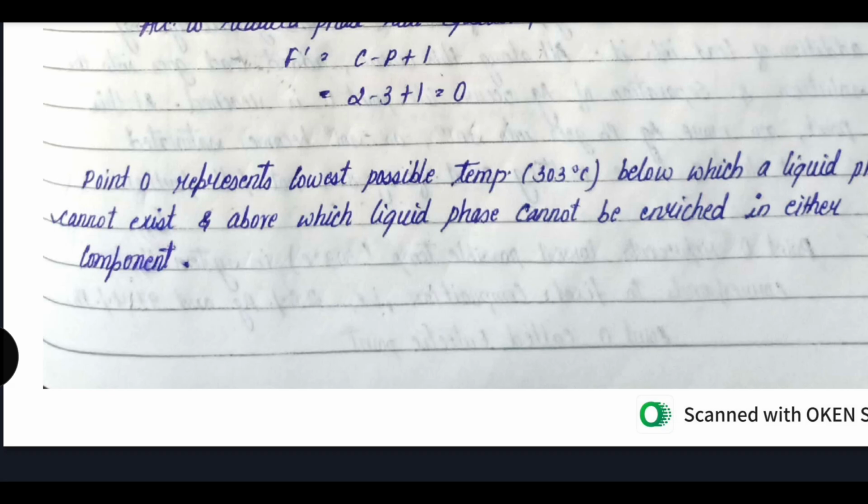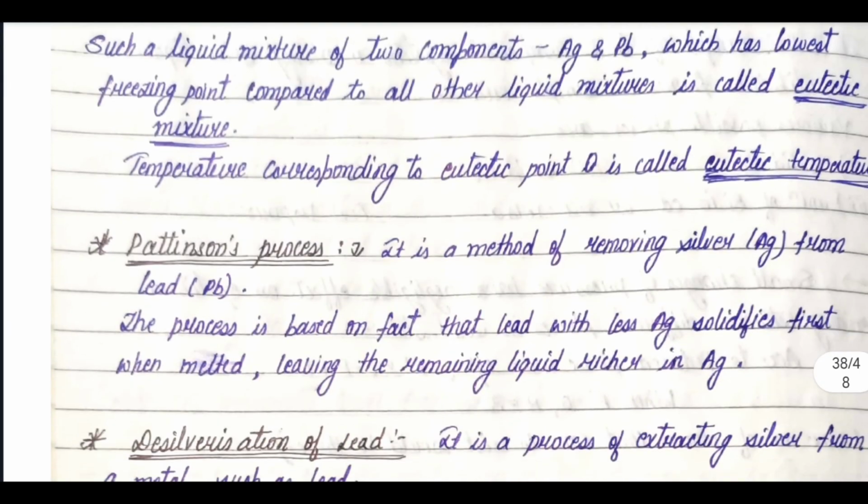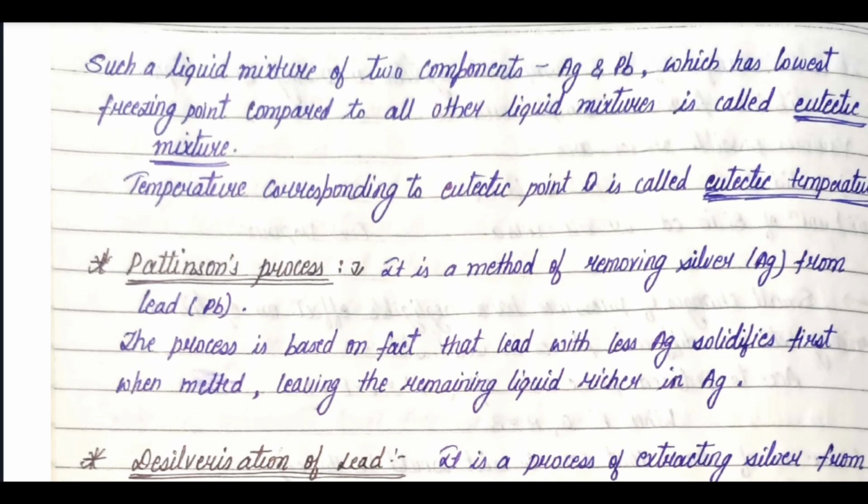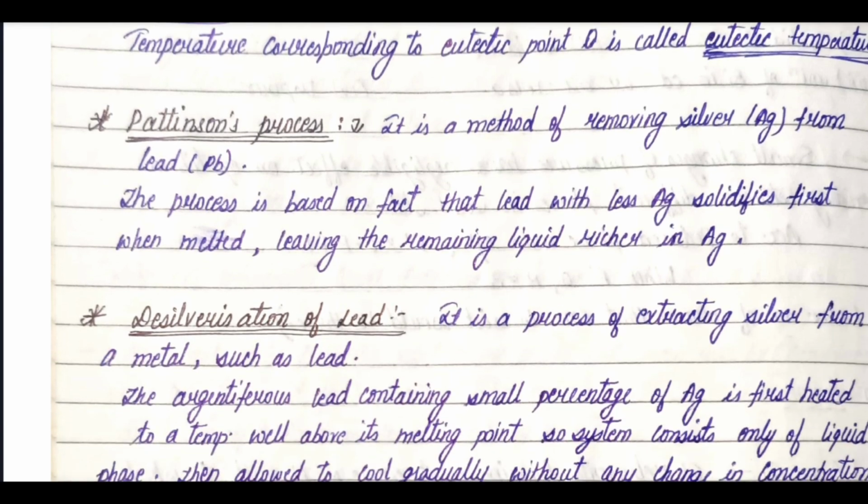Point O represents lowest possible temperature below which a liquid phase cannot exist and above which liquid phase cannot be enriched in either component. Such a liquid mixture of two components Ag and Pb which has lowest freezing point compared to all other liquid mixtures is called eutectic mixture. Temperature corresponding to eutectic point O is called eutectic temperature.